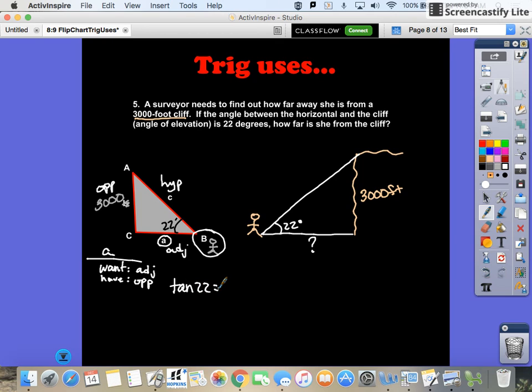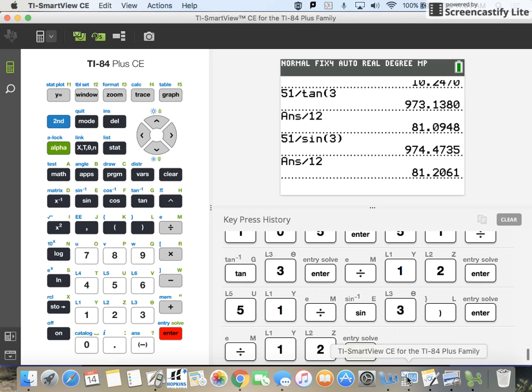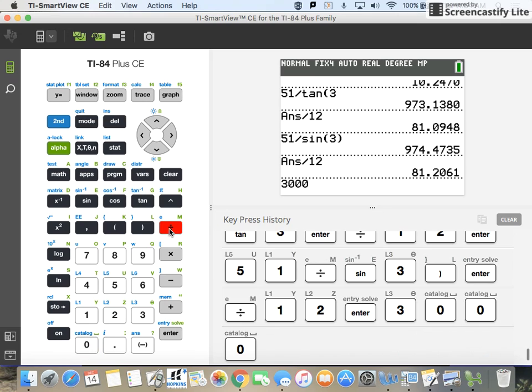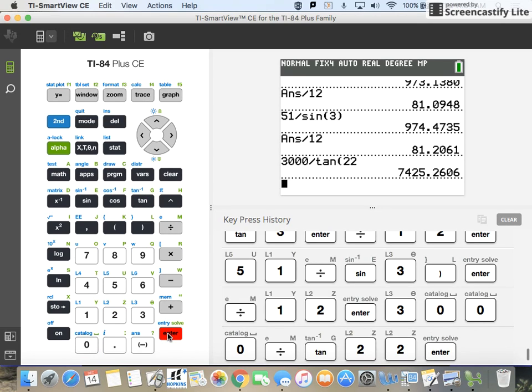Tangent of 22 is equal to opposite over adjacent. If you multiply by A on both sides, you get A tangent of 22 equals 3,000. Then divide by tangent 22. A equals 7,425.26.